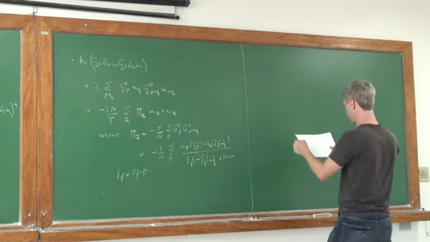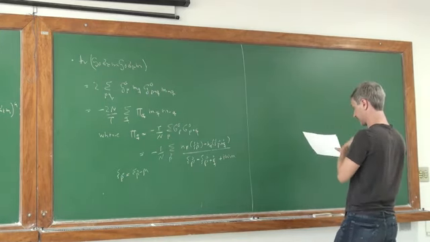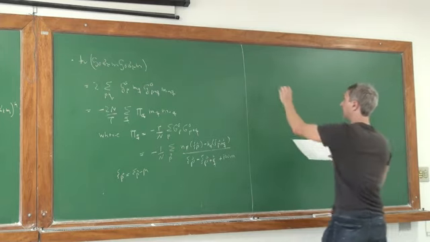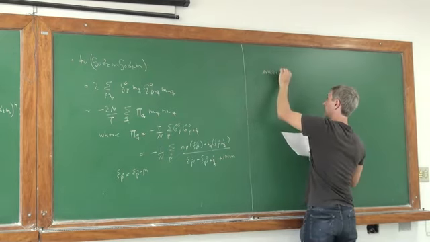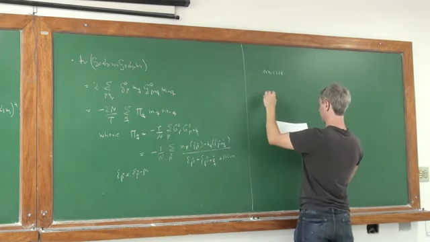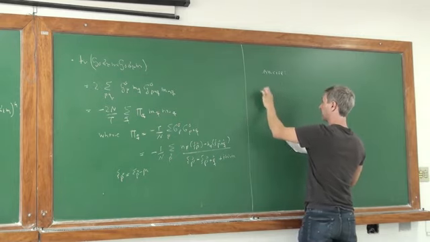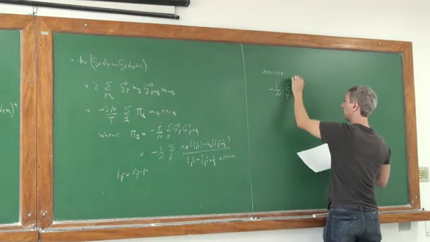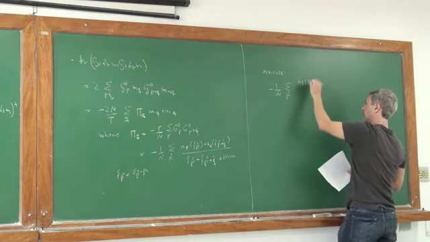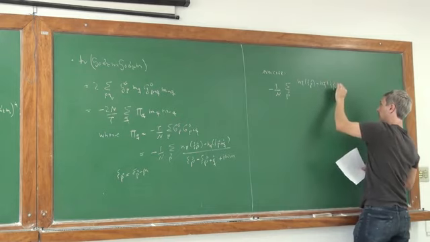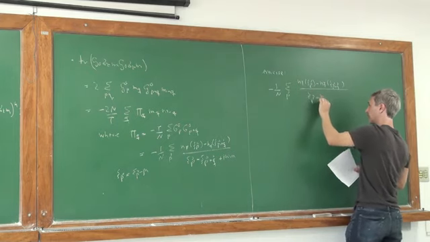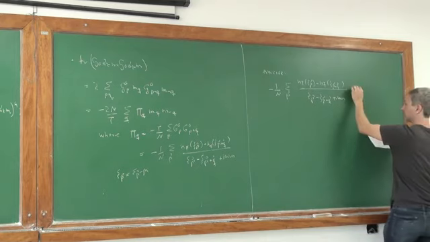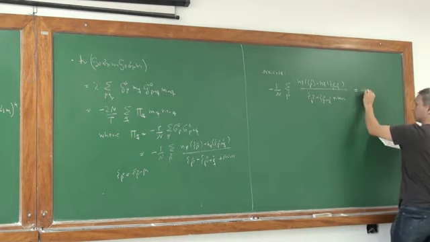So I just recall that the exercise was to show that P, let me just find some 1 over n, P, that this was minus 0.